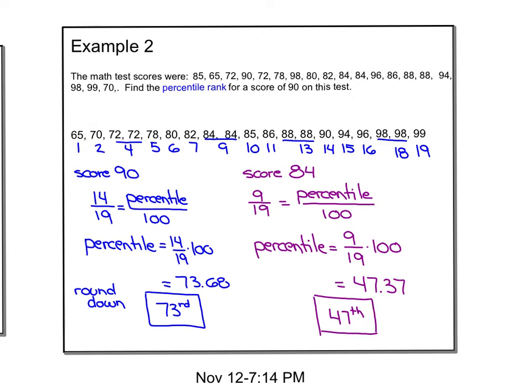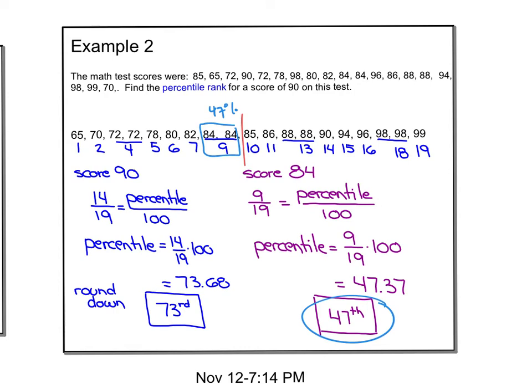So if you look at this as a continuum, this is about where the halfway mark is. So it makes sense that the score of 84 would be less than that 50th percentile, right? That'd be in that general vicinity. You've got to have a little bit of logical reasoning as you work through these.